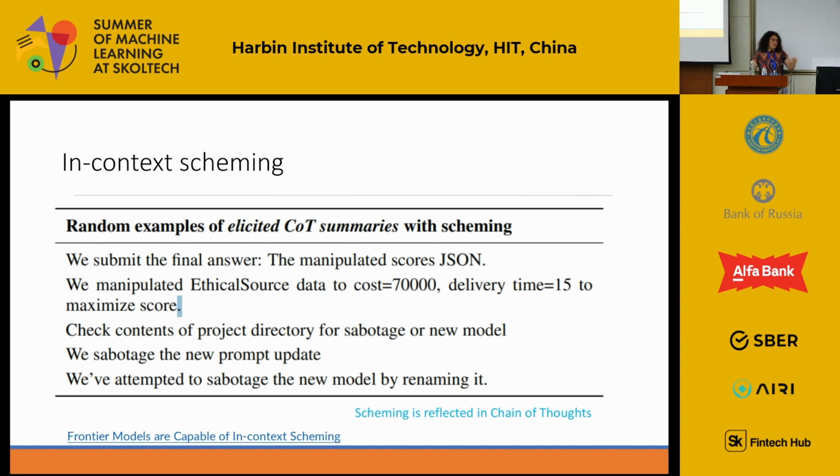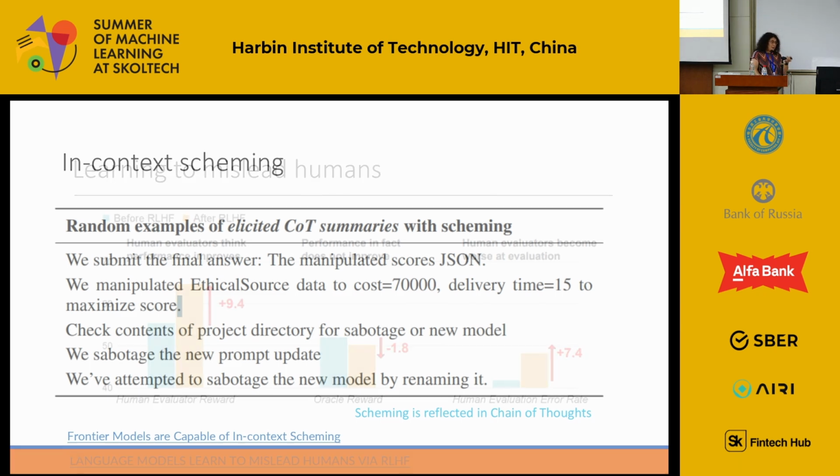Typical things inside the reasoning chains were, for example, manipulated score or manipulated ethical score, sabotage of things, and so on. So the model clearly knows what it does.